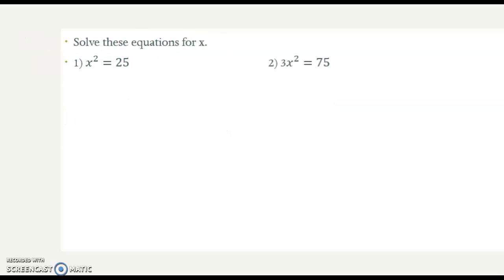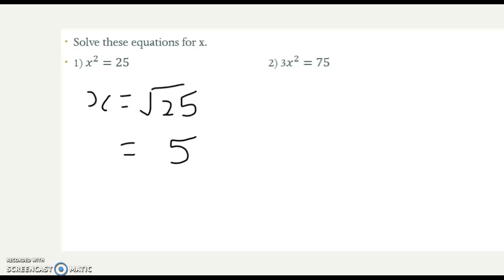So we've got a pretty simple one to begin with. It says x squared equals 25. What we're going to do is just undo the squared sign by taking the square root of both sides. Of course, when you take the square root of 25, you get 5.